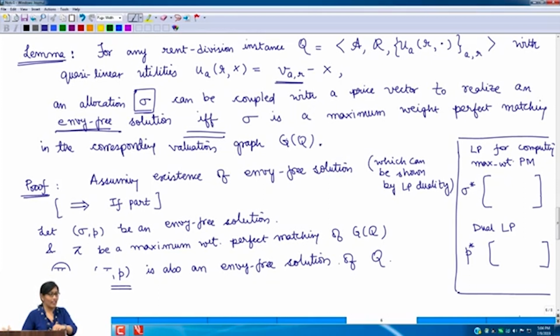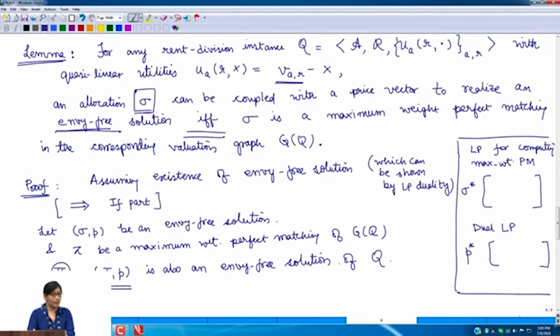This is just a characterization of envy-free solutions. We can take it offline if there's any more confusion, right? Right now, what I'm trying to prove is a characterization of these sigma comma p tuples, which let's say is envy-free. The sigma must be a maximum weight perfect matching. It cannot be anything else.